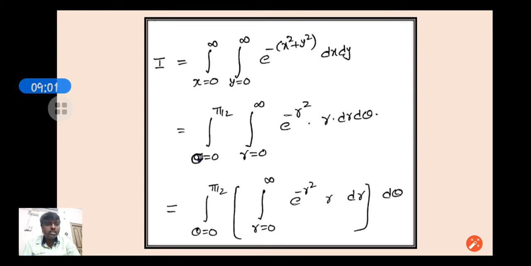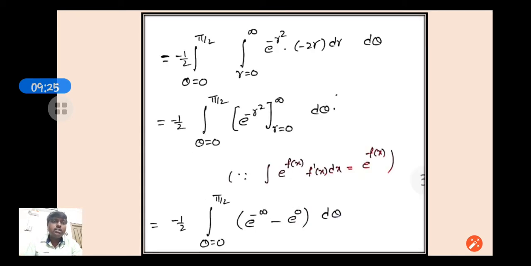Okay, now I go through the outermost integration. Integral theta equal to 0 to pi by 2, integral r equal to 0 to infinity, e power minus r square r dr d theta. First I am calculating the integration inside the square brackets. First of all I am calculating the integration here, e power minus r square into r.